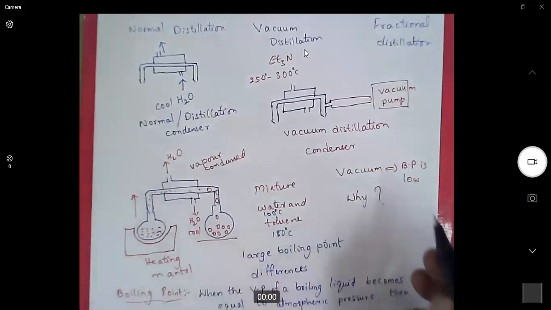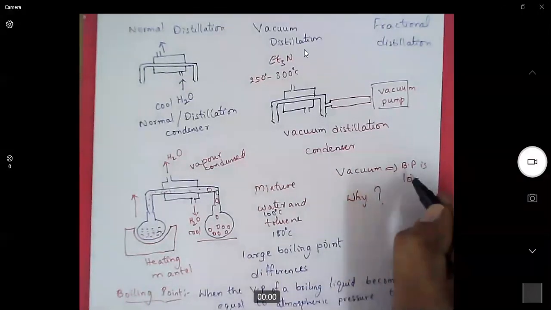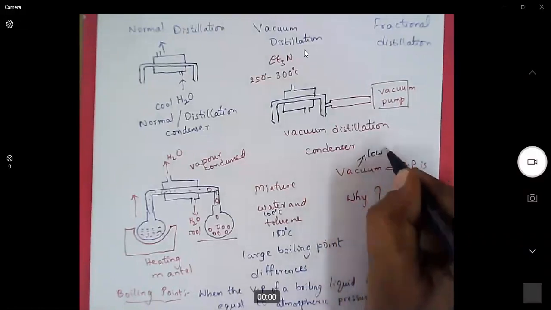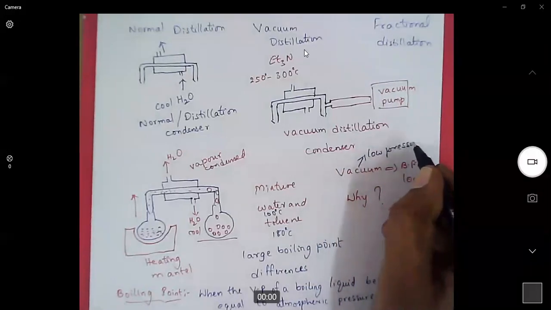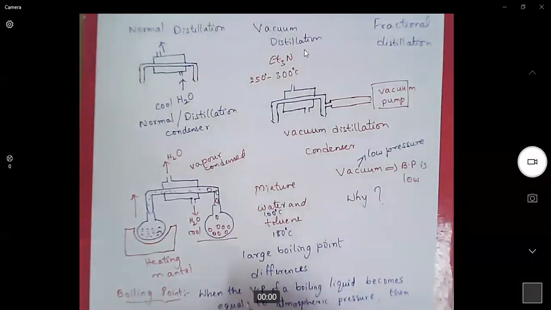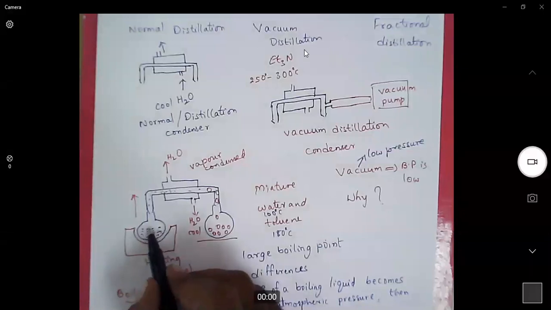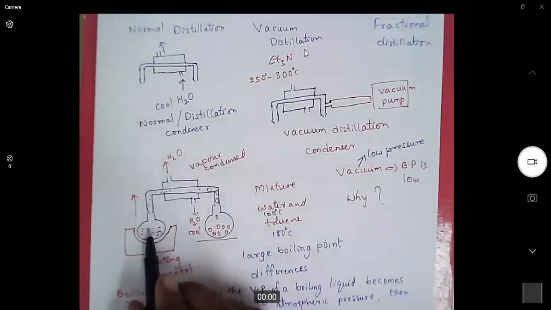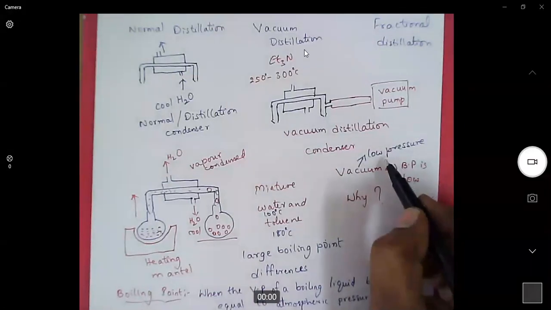Vacuum means low pressure. When we are decreasing the pressure inside the instrument, the boiling liquid will easily match its vapor pressure with the low pressure inside the instrument.